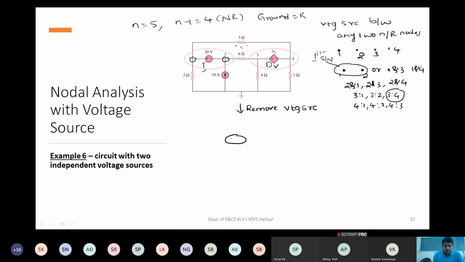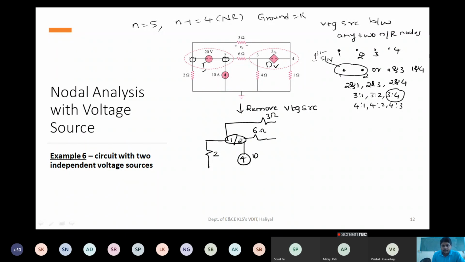They are combined at node 1 and node 2, right? From node 1 I have two connections. One is with the 2 ohm resistor, and another is connected to this 3 ohm resistor. And from 2 I have a current source of 10 amps, and here I have a 6 ohm resistor.